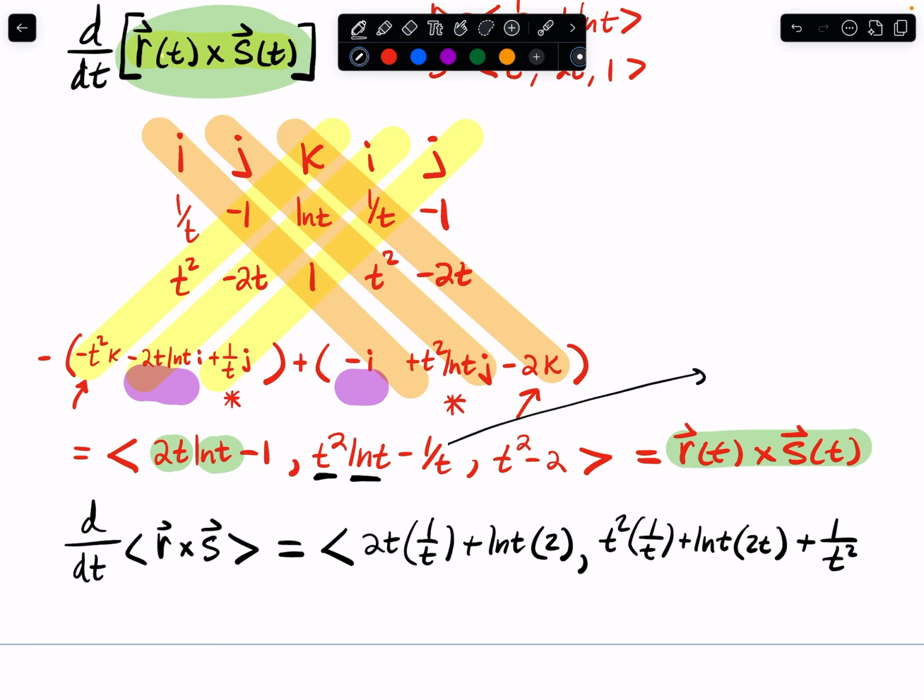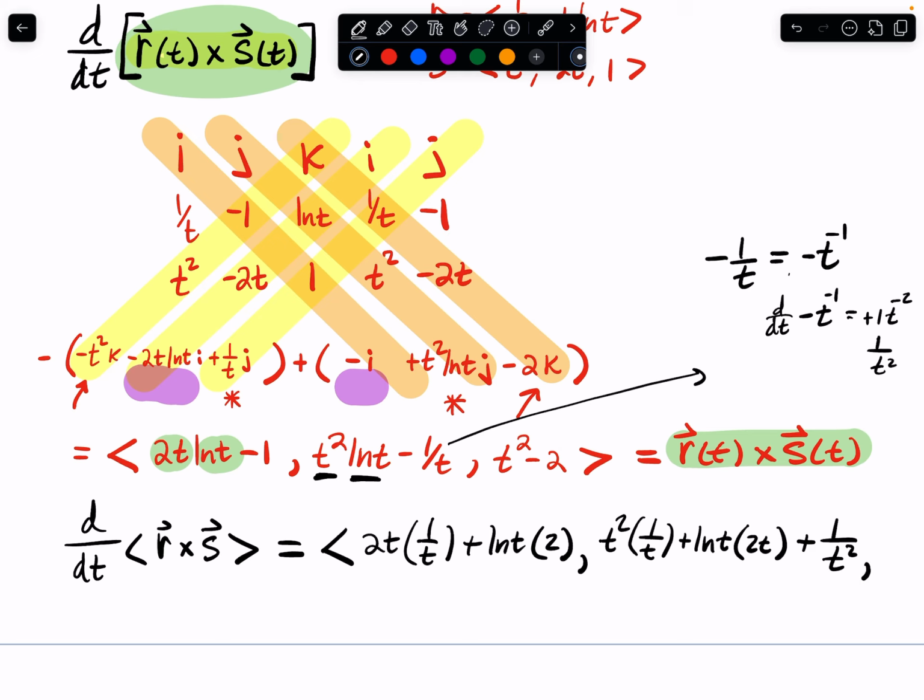Do side work off to the side if this is too much for you. This becomes negative 1 t to the negative 1. When I take the derivative with respect to t, the negative 1 comes out front, you get positive 1 t to the negative 2, which becomes 1 over t squared. So that's where that piece came from.